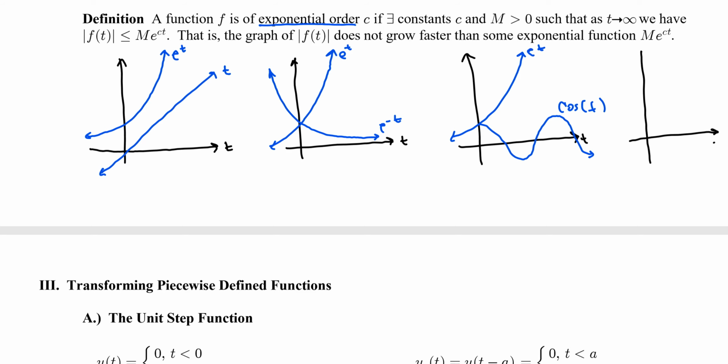Well, an interesting function to consider for that might be something like e to the t squared. E to the t squared is going to grow faster than e to the t. So e to the t squared is not of exponential order.